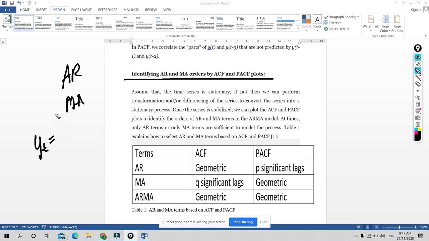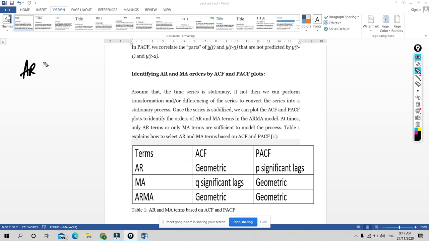This is MA1. Kalau MA2 sama juga. MA2, so Y_t equal to pi naught plus pi_1 epsilon_{t-1} plus pi_2 epsilon_{t-2} plus epsilon_t. These are MA2 and so on so forth lah.